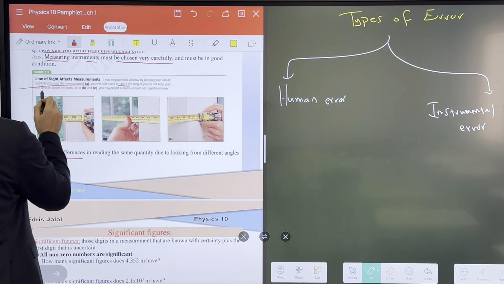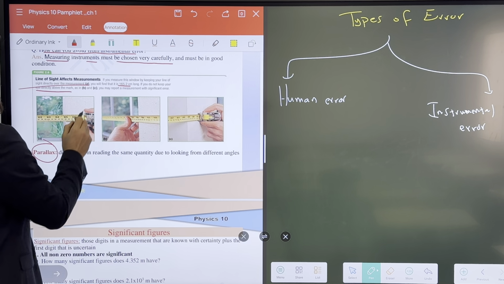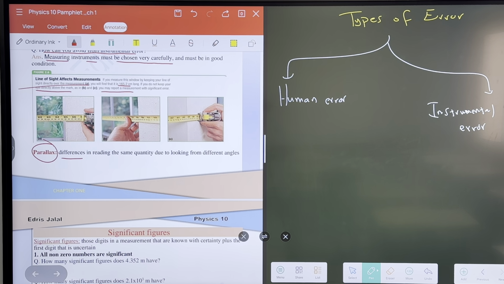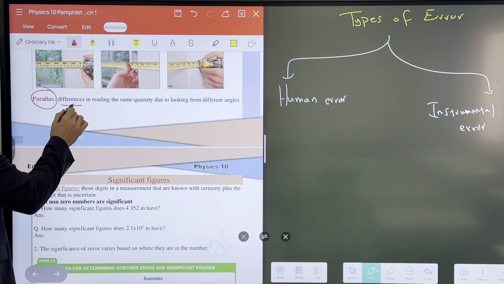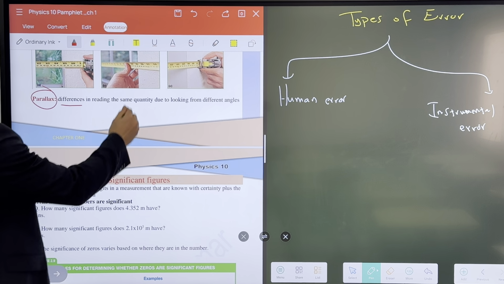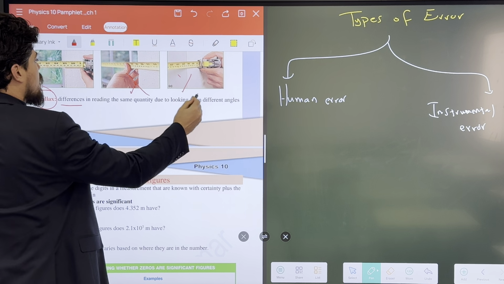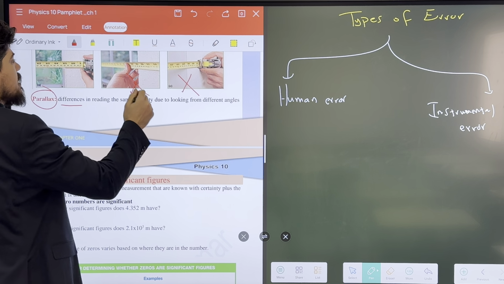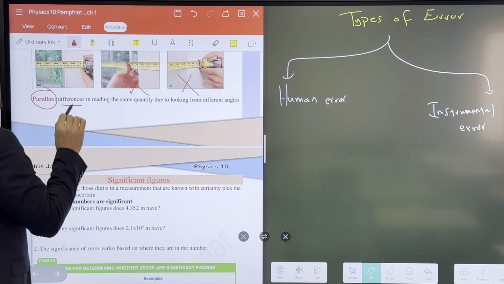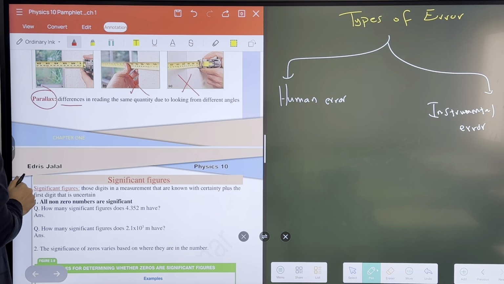If you don't keep your eye directly above the mark, as in B and C, you may report measurements with significant errors. So parallax is differences in reading the same quantity due to looking at different angles. This one is wrong and this one is wrong, because in figures B and C the person is looking from a different side, not directly perpendicular to the meter stick. But this one is correct.